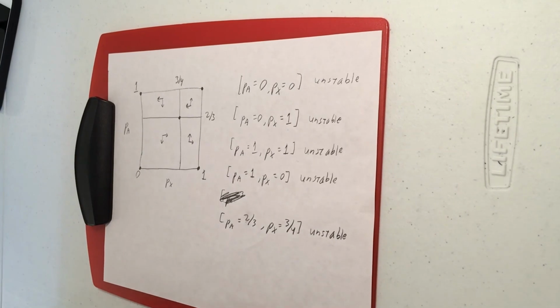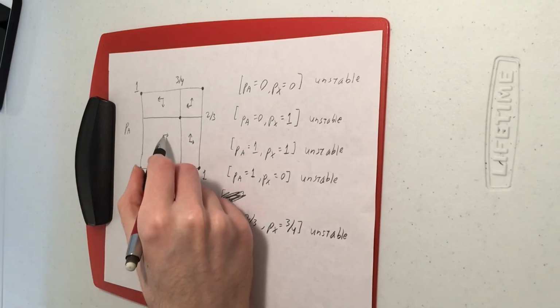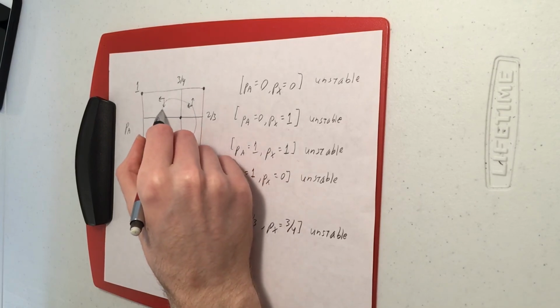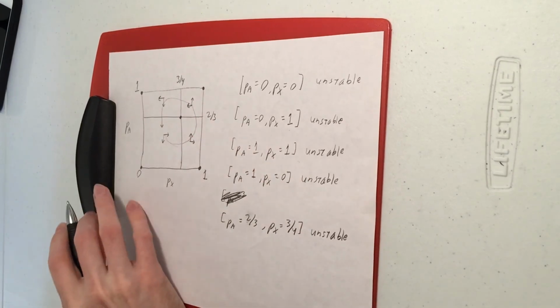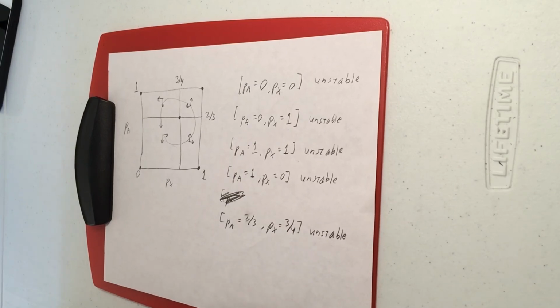So it looks like this game has no evolutionary stable strategy. If you follow the arrows here, it looks like you kind of go in some sort of circle. Well, ESSs are not guaranteed to exist. We do know that Nash equilibria exist in general. I showed a sketch of the proof of that way back long ago.